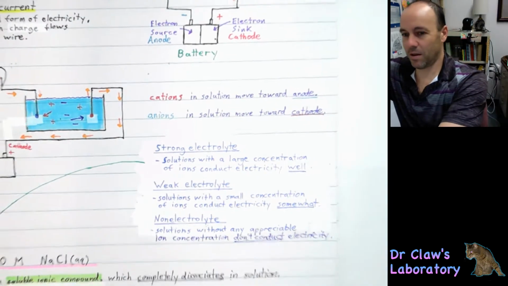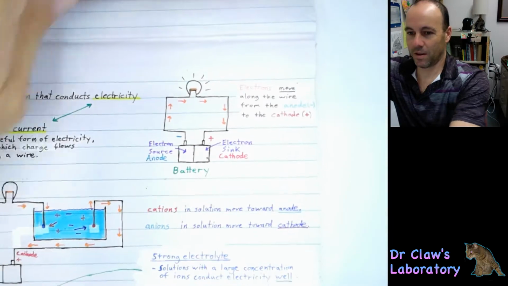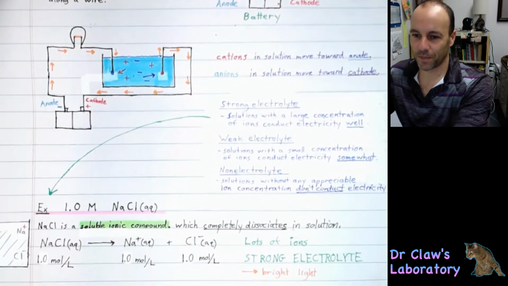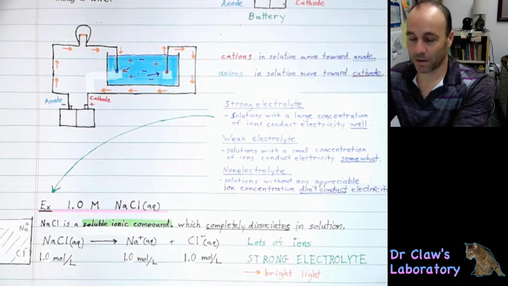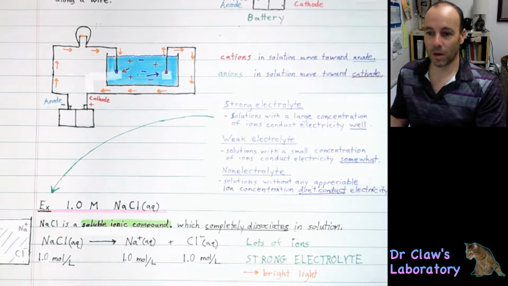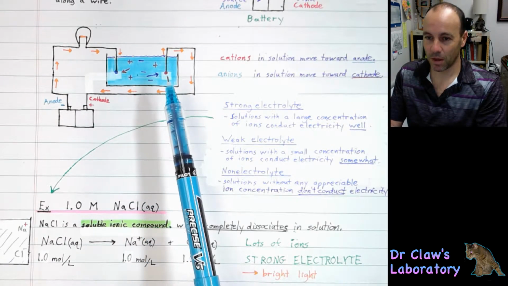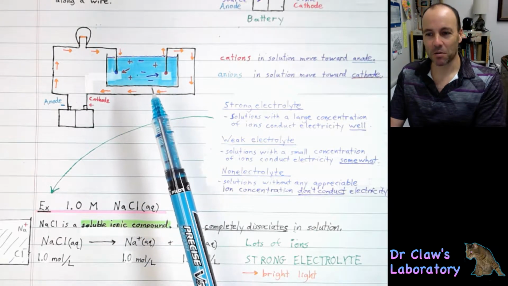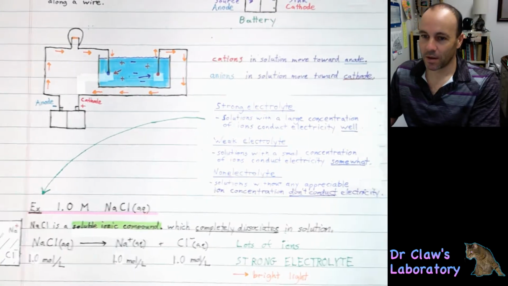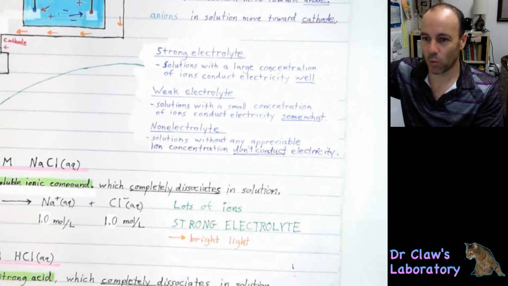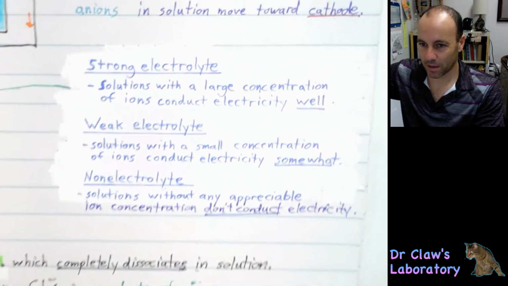So in different solutions, there is sometimes a very good ability for electricity to pass through, and other times not so good. And so there are solutions that can be considered to be weak electrolytes.